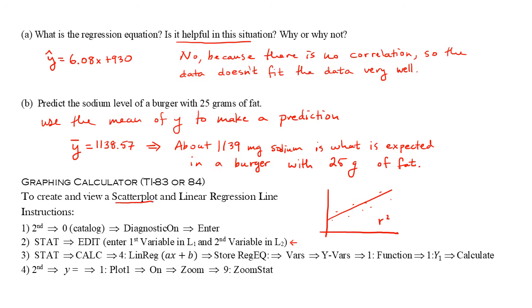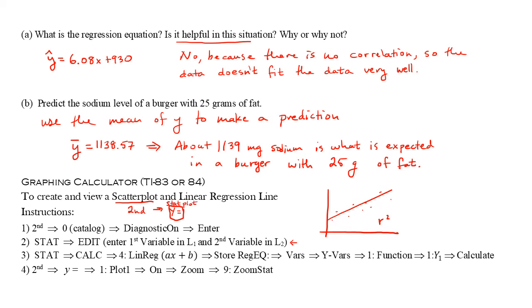To make sure your scatter plot is turned on, you can go to second stat plot. It's right above the y equals button. So if you look at the button that says y equals, right above it, it says stat plot.